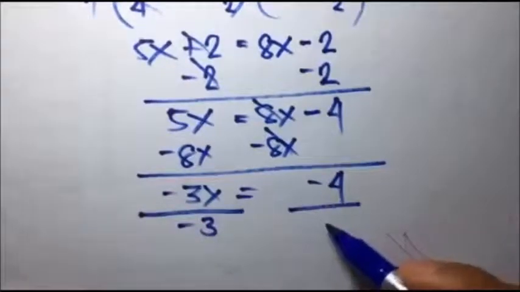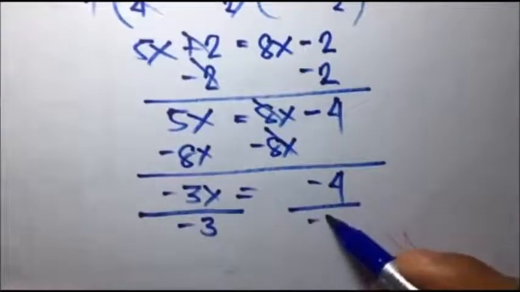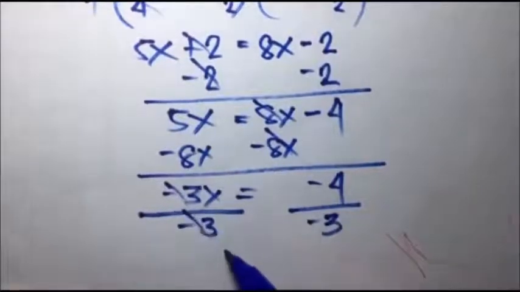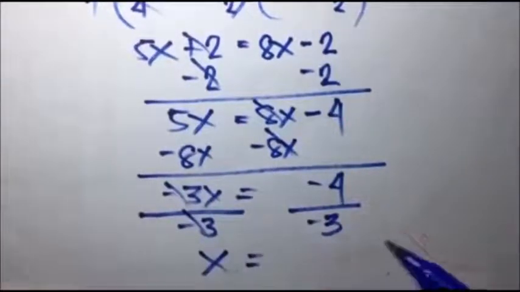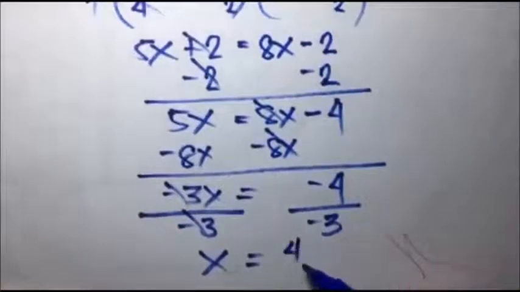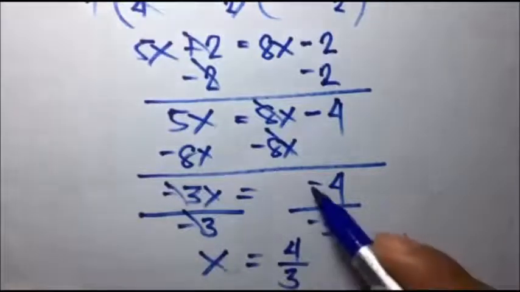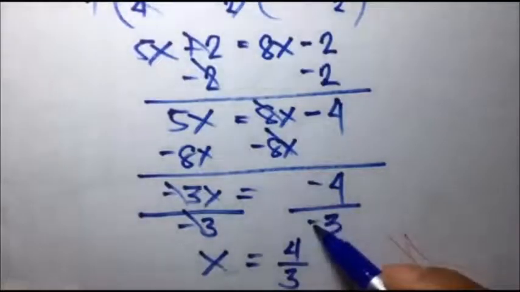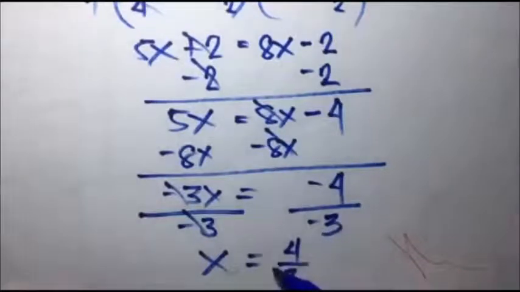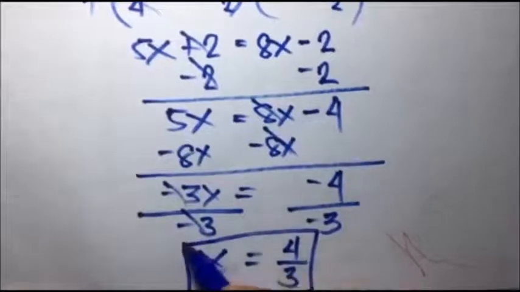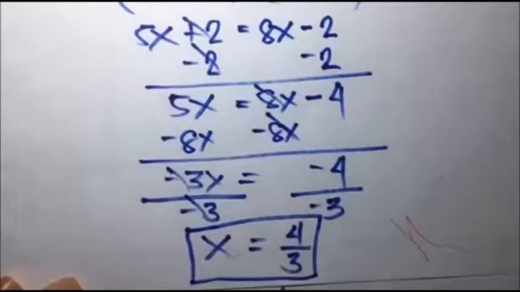We have x is equal to 4/3. The simplest form is 4/3. Negative divided by negative is positive. The answer is 4/3. Our x is 4/3.